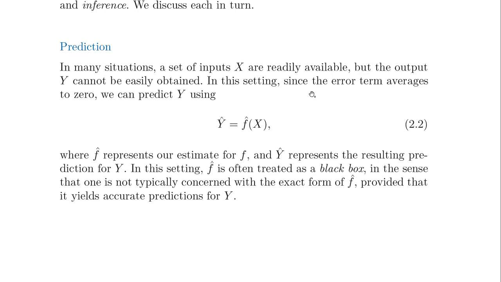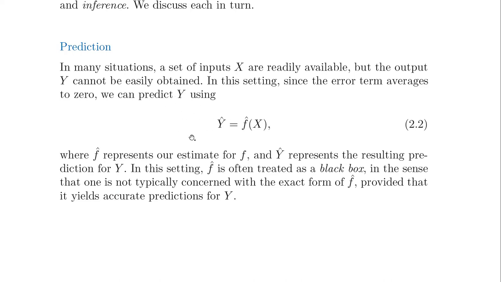In this setting, since the error term averages to 0, we can predict y using, and this is crucial notation, which may very well be new to a lot of us today. We read it as y hat. So y is the true observation.